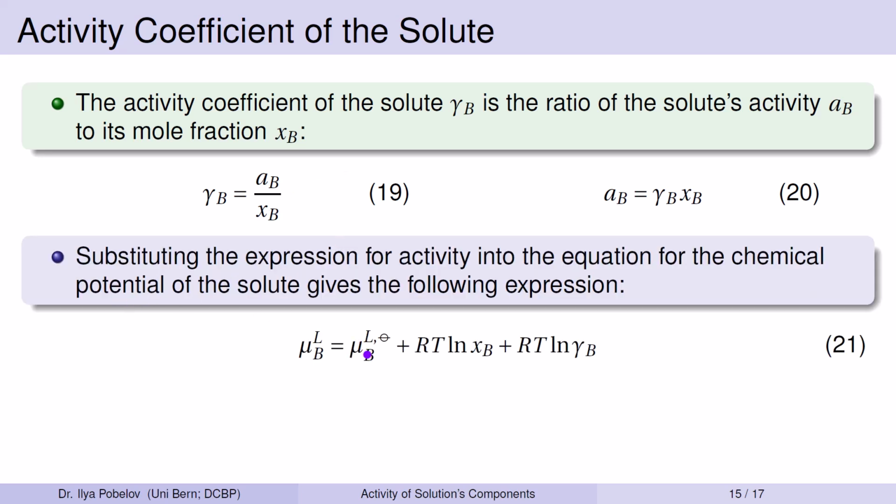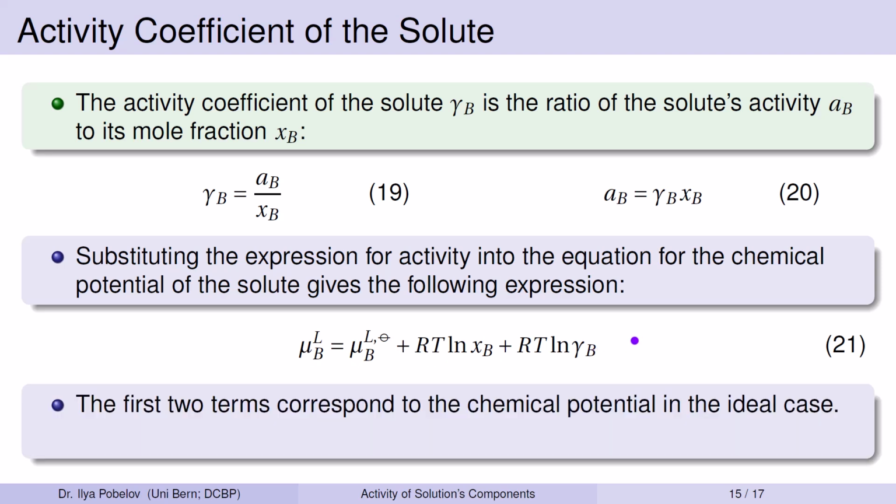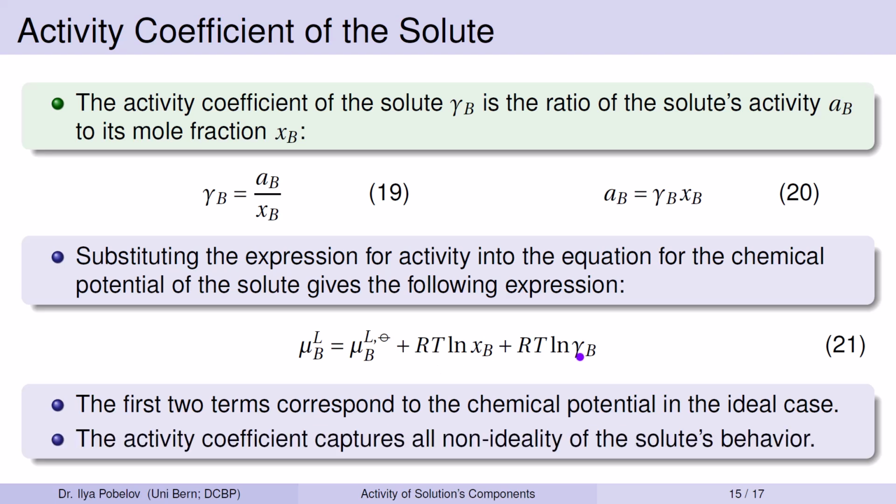Substituting the expression for the activity into the equation for the chemical potential of the solute, we obtain the following expression. Similar to the solvent, the first two terms correspond to the chemical potential in the ideal case, while the activity coefficient captures all non-ideality in the solute's behavior.